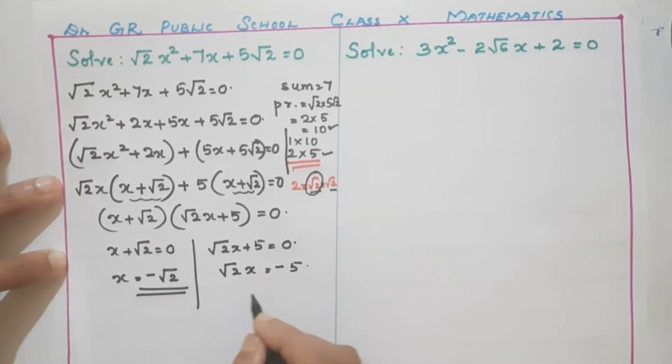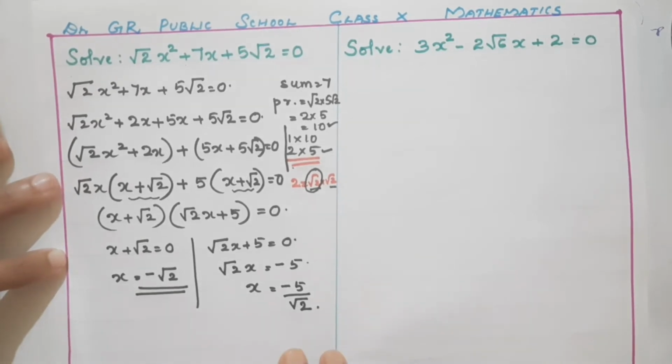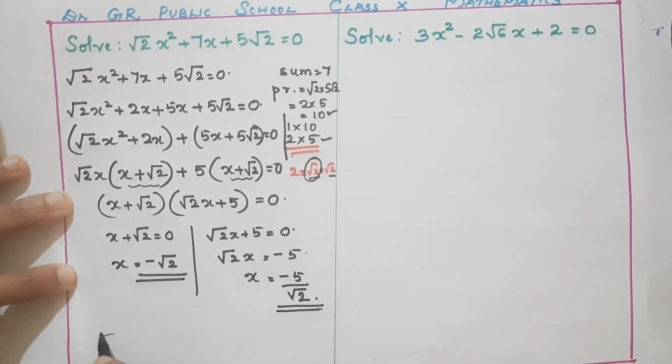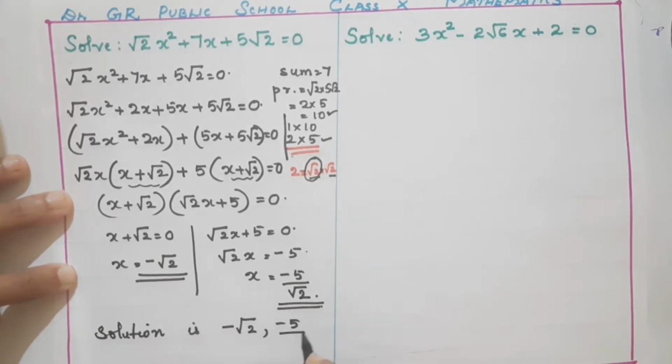So minus 5. x equal to minus 5 by root 2. Okay children. So our solution. What are the values of x? Minus root 2 and minus 5 by root 2.